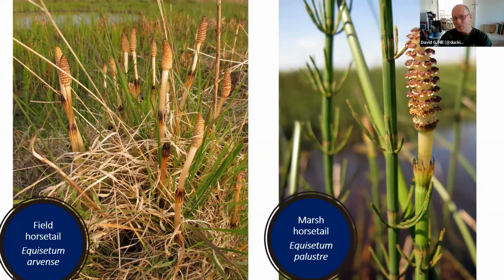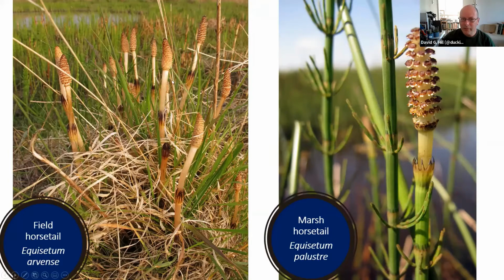And what we're looking at is the cone, or the spore-bearing structure, and this time they're on the top of the plant. In one group, they're on vegetative structures that have no chlorophyll.